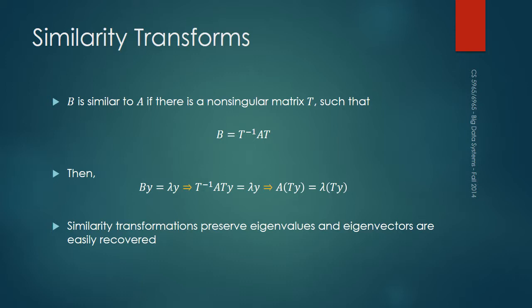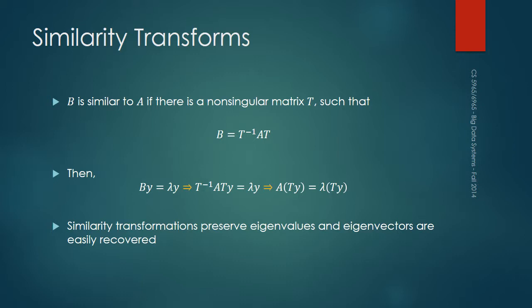You figure out a transformation, which is basically a similarity transform, and you get a new matrix B. This matrix B possesses certain properties which make it easy for us to eventually compute its eigenvalues and eigenvectors. Okay? So you do it in two steps.